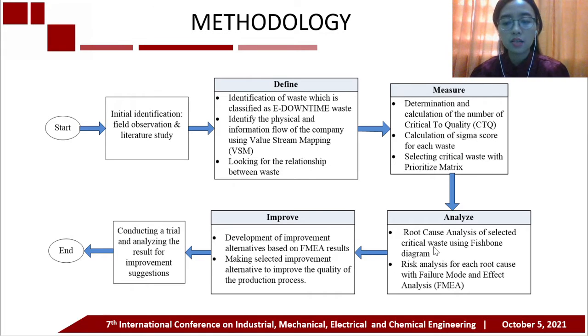In the analyze stage, we look for the root cause using a fishbone diagram and failure mode and effect analysis, FMEA. And then the improve stage, development of improvement alternatives based on FMEA results and making the selected improvement alternative to improve the quality of the production process. And the last, conducting a trial and analyzing the result for improvement suggestions.